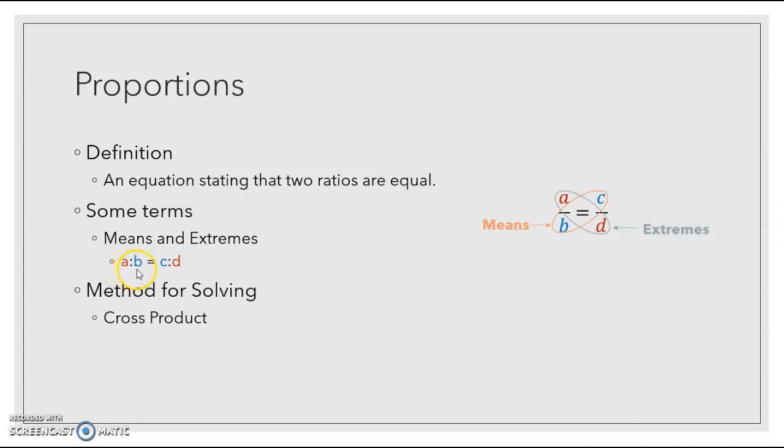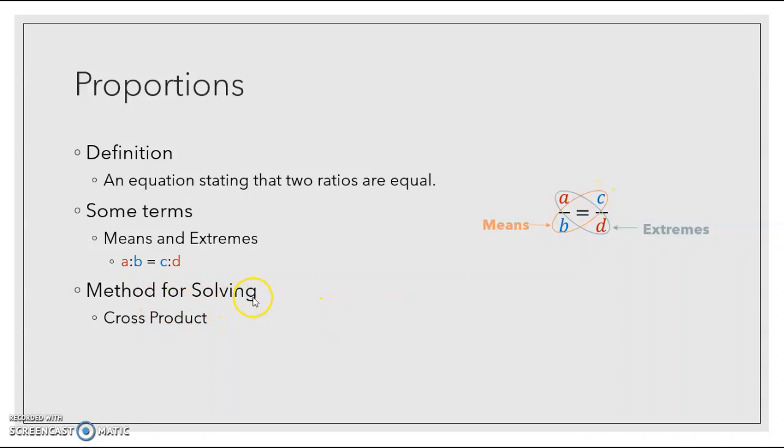So you'll notice if I write it out using the colons, the extremes are going to be the first number and the last number, and the means are going to be the two middle numbers. If I was to write it out using fractions, the extremes are going to be the first number on top and the bottom number on the right side, and the means are going to be these two blue numbers, the one on the bottom in the first fraction and the one on the top in the second fraction.